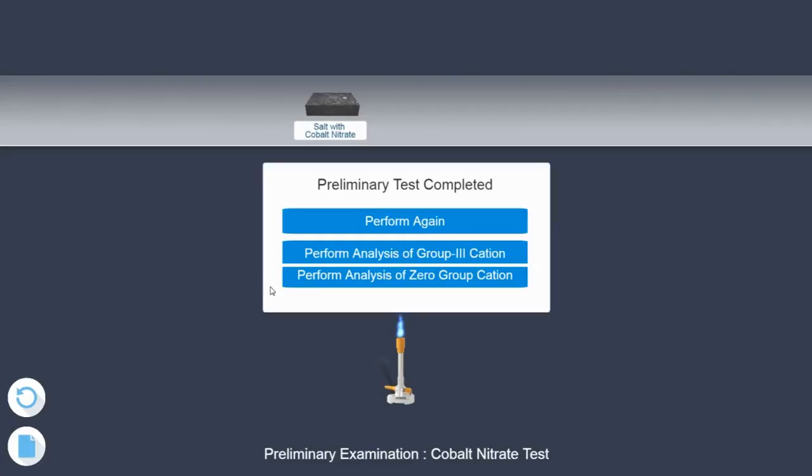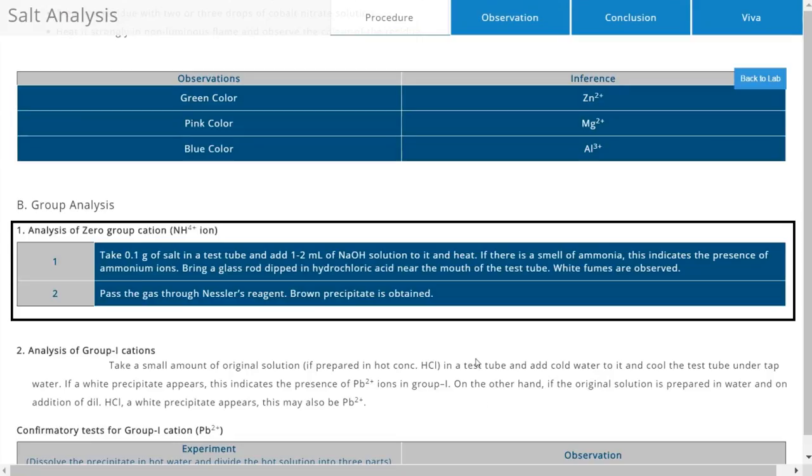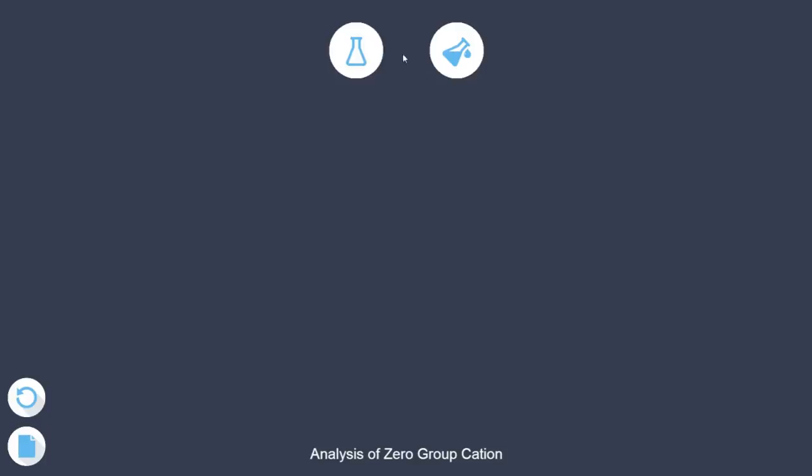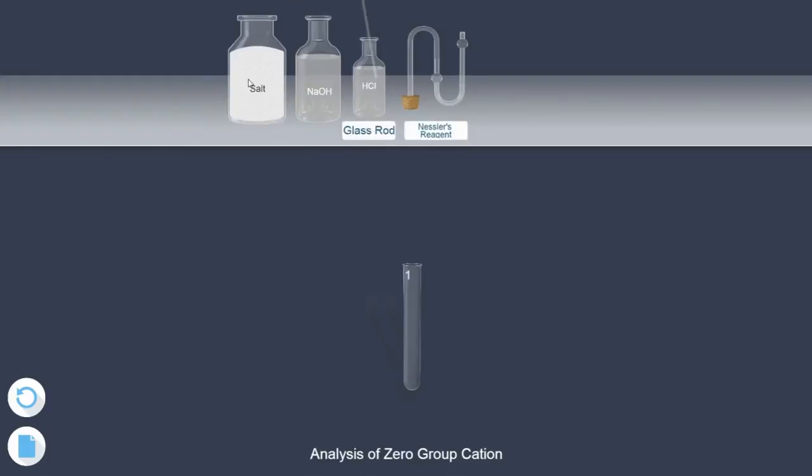You can perform analysis of zero group cation to get accurate result, or you can directly perform the analysis of group of inferred cation in preliminary test. Take a test tube and add 0.1 gram of salt to it.